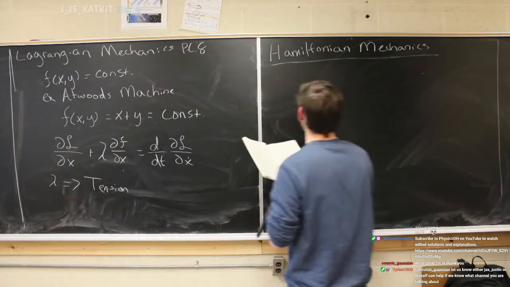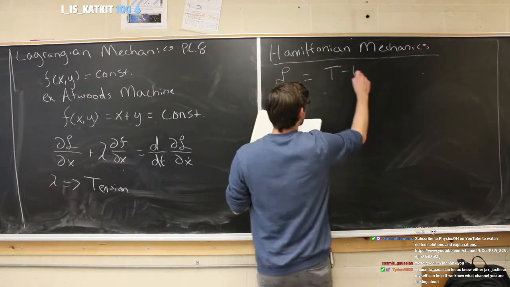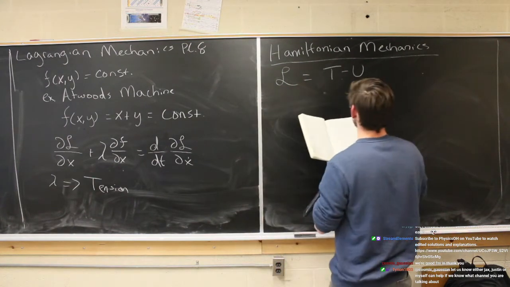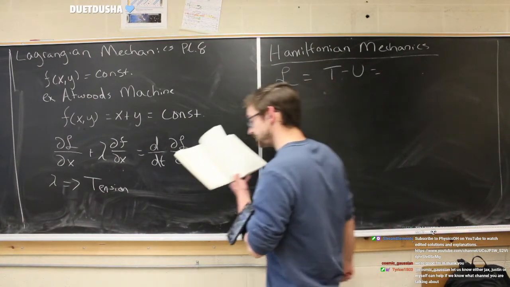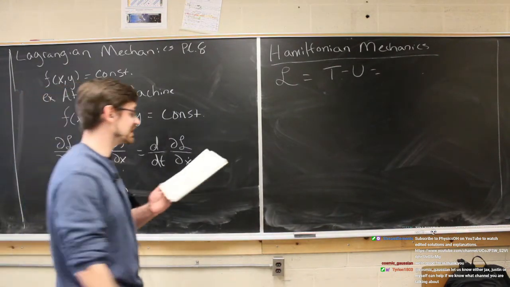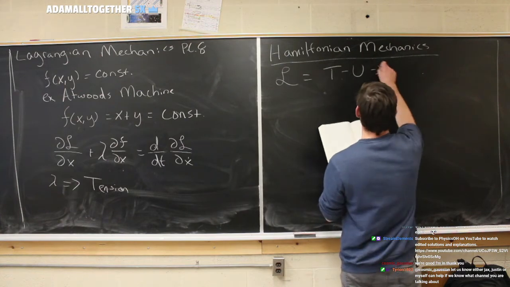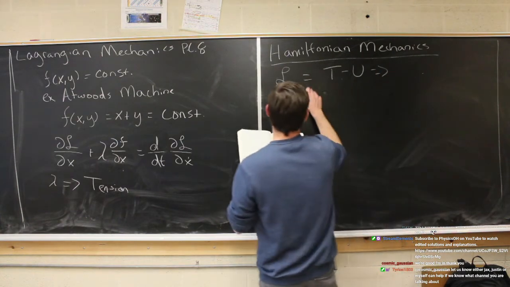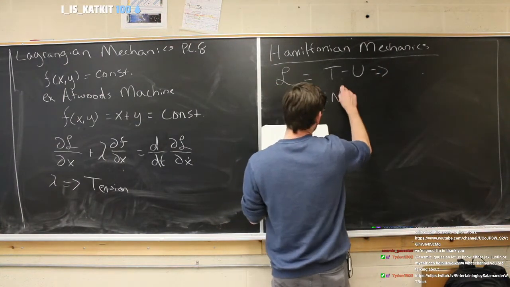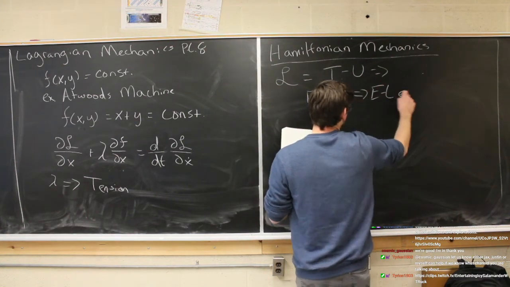So we're going to start with our Lagrangian, the glorious Lagrangian, T minus U, the kinetic energy minus the potential energy. This led to the equations of motion, the Euler-Lagrange equations, all the way back at the very beginning.